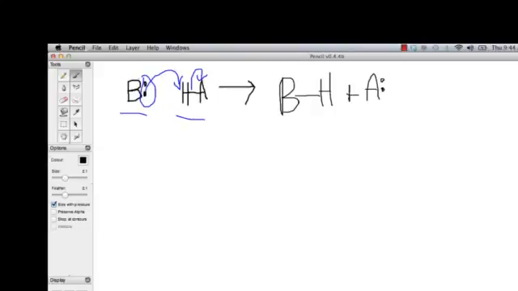So we describe it as a pair of electrons from the base reaching out to grab the H+, and a pair of electrons that was making up the HA bond being left behind on the acid. In other words, this is more of a Lewis acid-base description, where the base is donating a pair of electrons and the proton is accepting a pair of electrons.